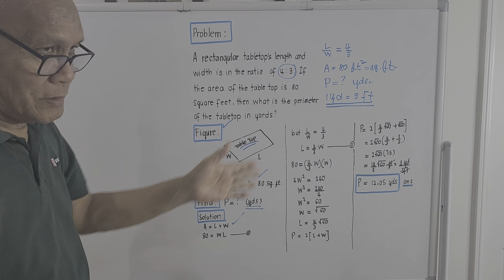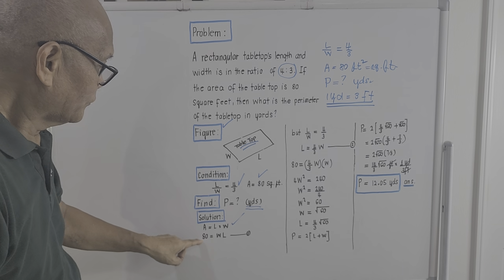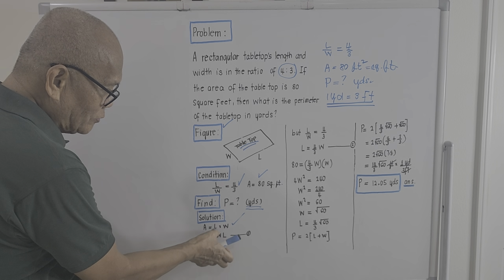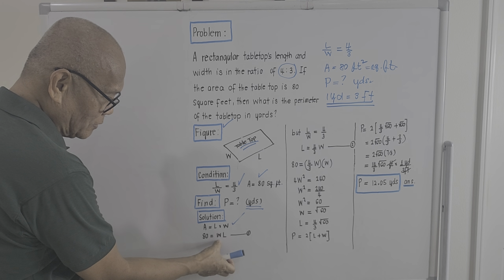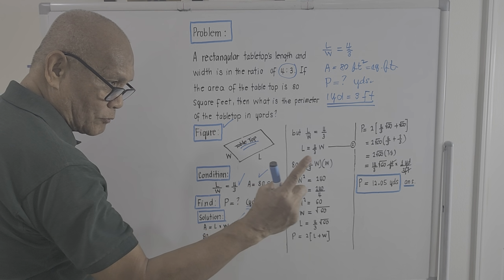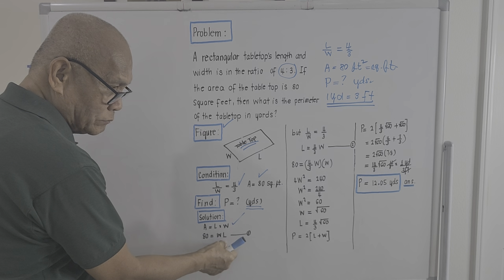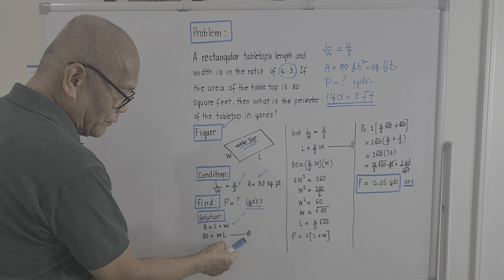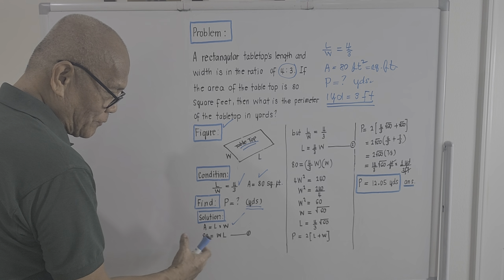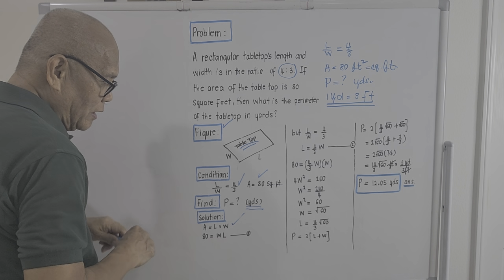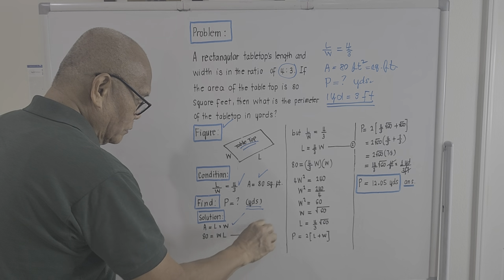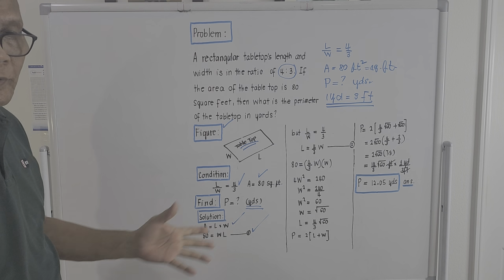The area of the tabletop is 80. For the meantime, we do not know the width, so we simply put capital W here, and we do not know the length either. So the first equation is 80 equals the product of width times length, and we call this equation number 1.